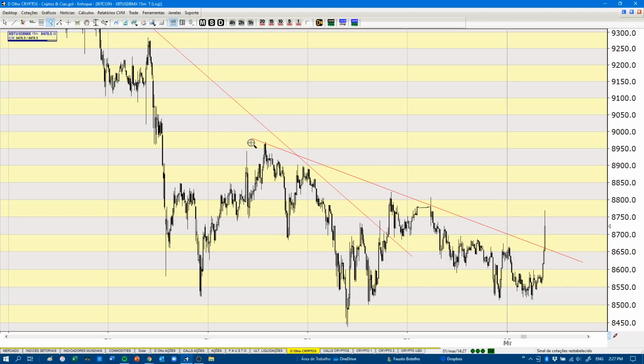resistance trend line that one could have drawn, imagining it was the neckline of this probable inverted head and shoulders formation.